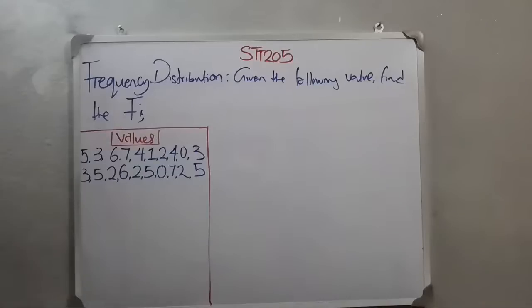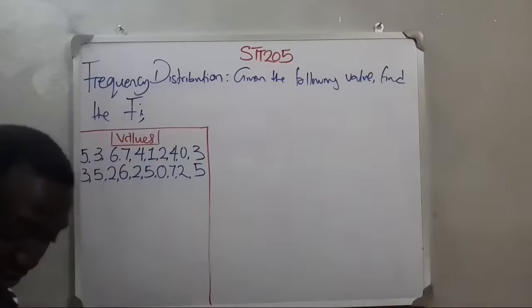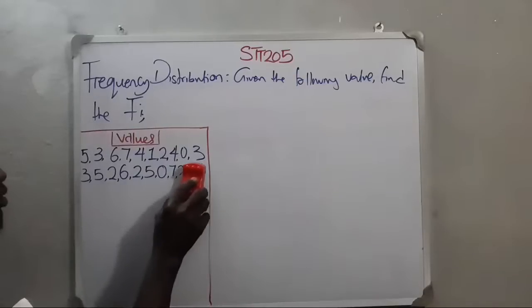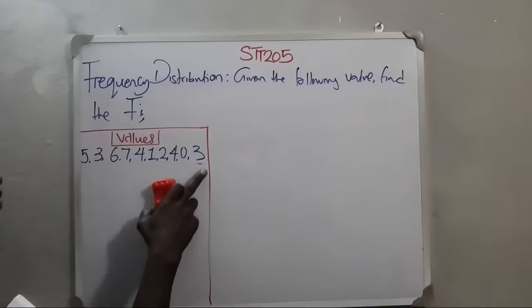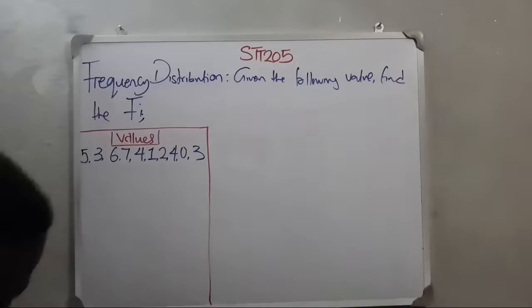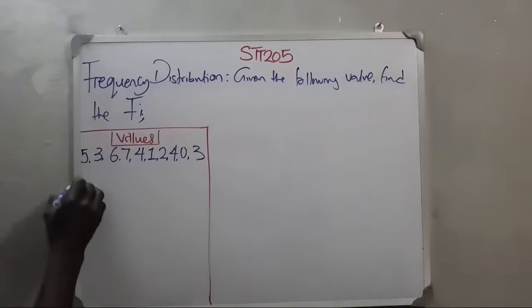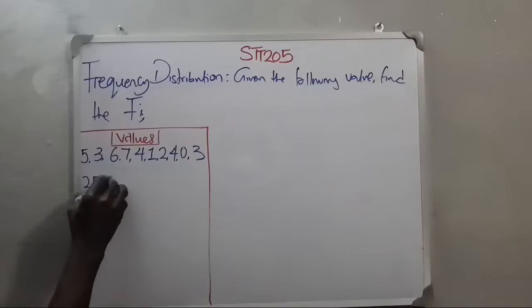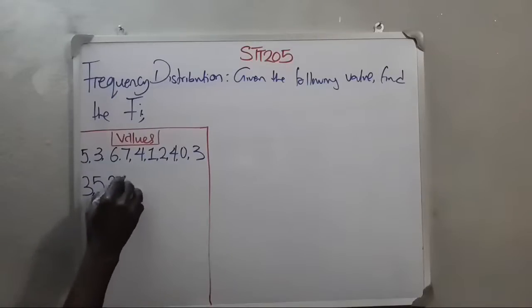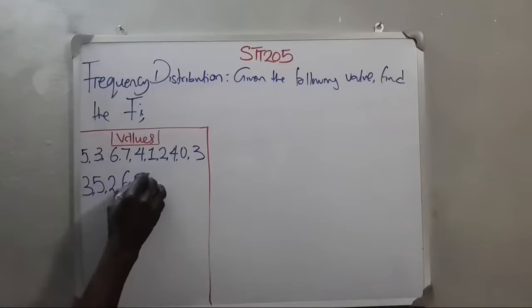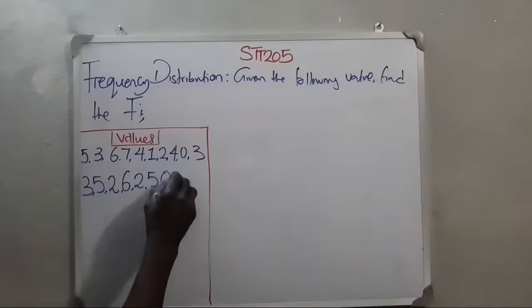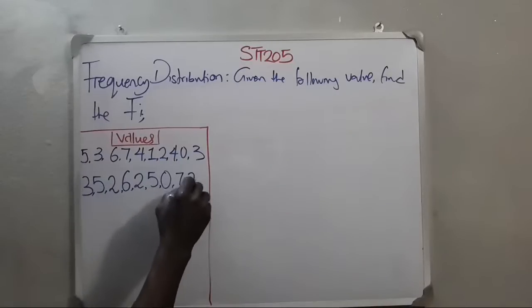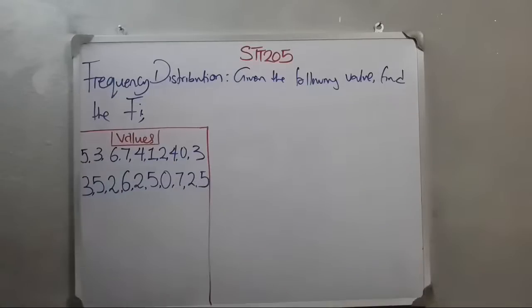Now I think I should space that up a little bit so we can see things clearly and sharply. So we have 3, 5, 2, 6, 2, 5, 0, 7, 2, and 5.